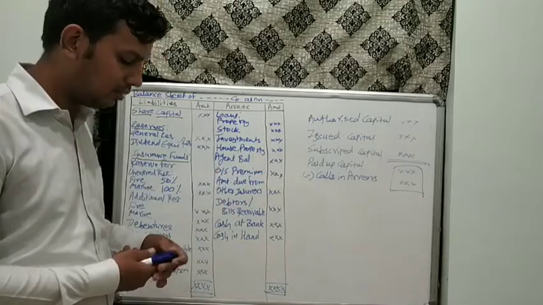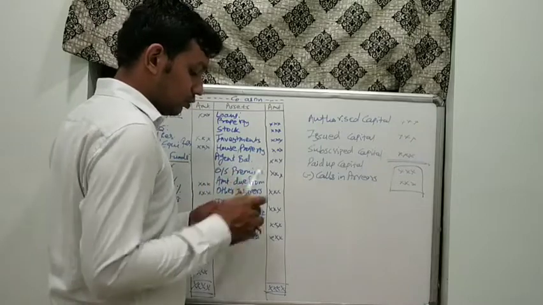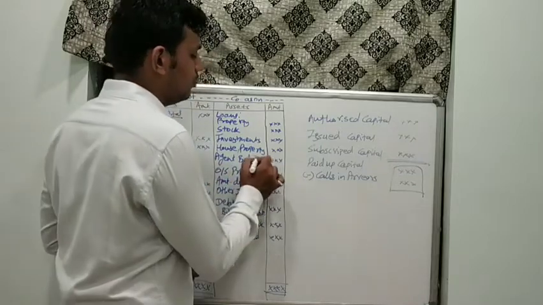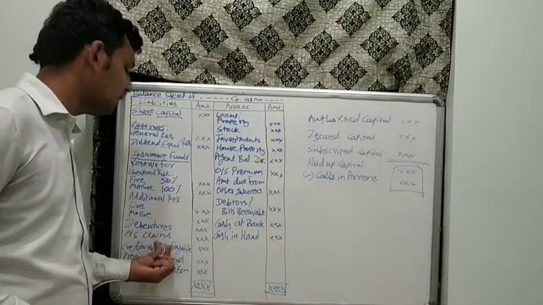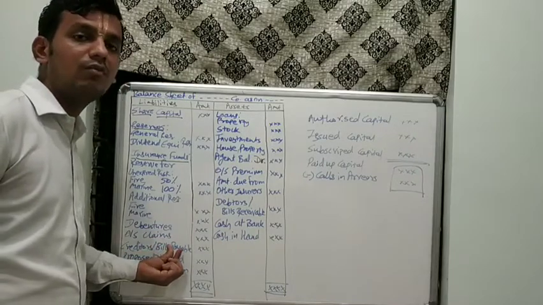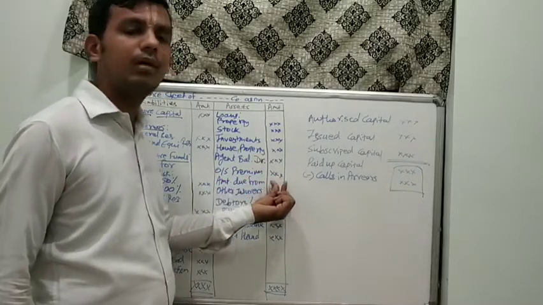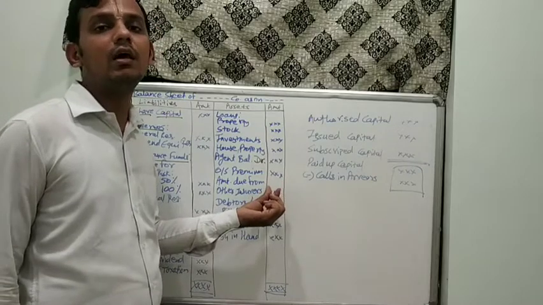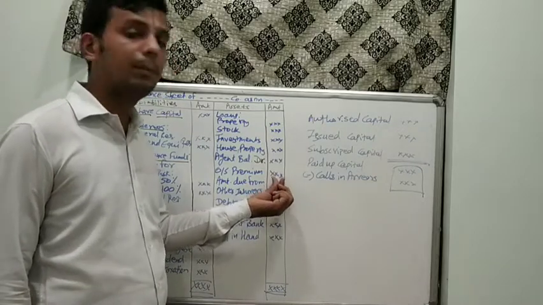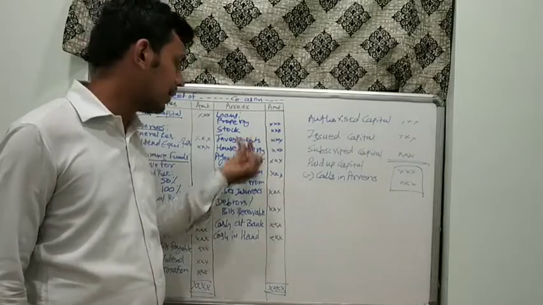Then agent balance. Remember one thing: if it is a debit balance, then we have to take it here. If the agent balance is a credit balance, then we have to take it into the liability. Then outstanding premium. Premium definitely forms part of the income of the company. That is why, if it is outstanding, the company has the right to recover, hence it is part of assets.